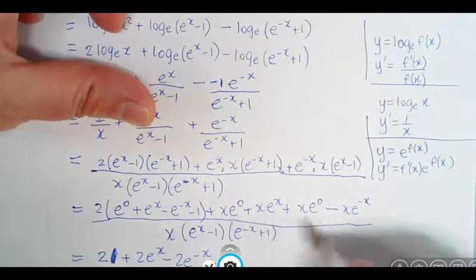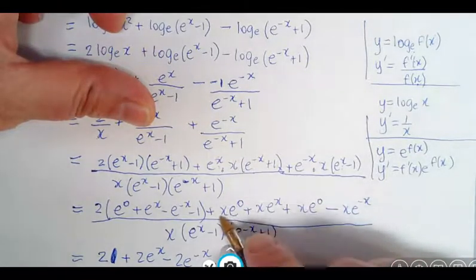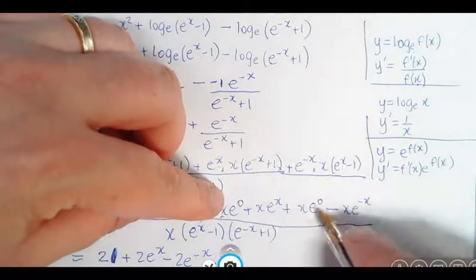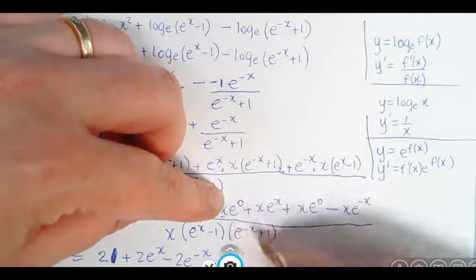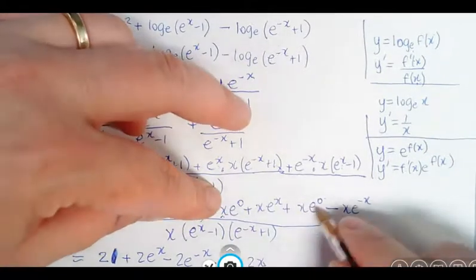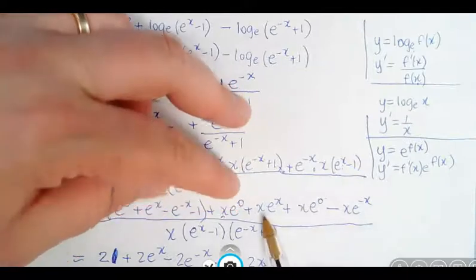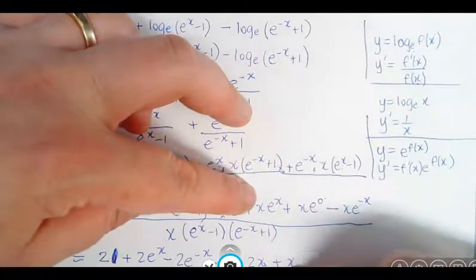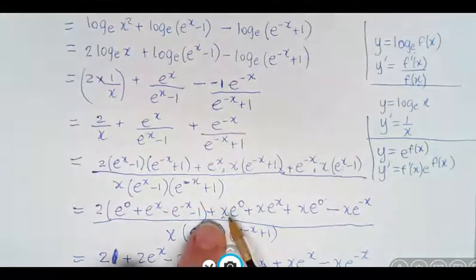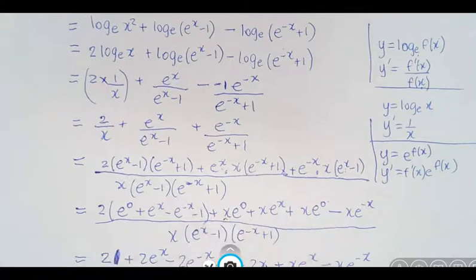Let's see, looks like we've got plus, now x e to the 0, e to the 0 is 1, and e to the 0 is 1, so it looks like plus 2x. I'll just write it as 2x, because e to the 0 is 1. And then we've got plus x e to the x minus x e to the negative x. So be careful here. e to the 0 is 1, so I've got plus x, which is plus 2x there.